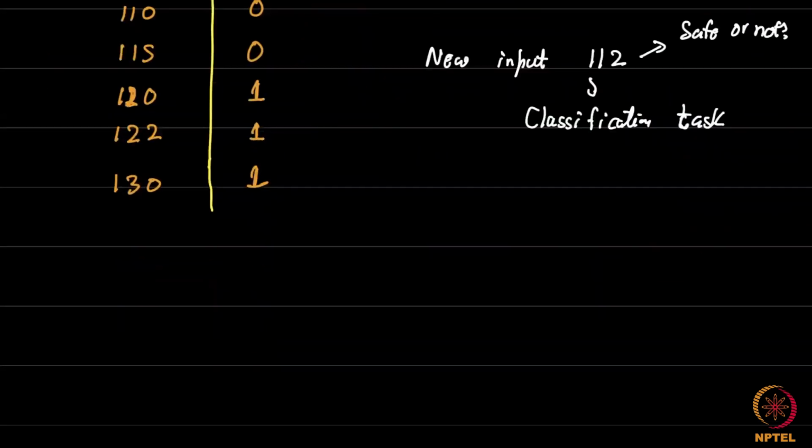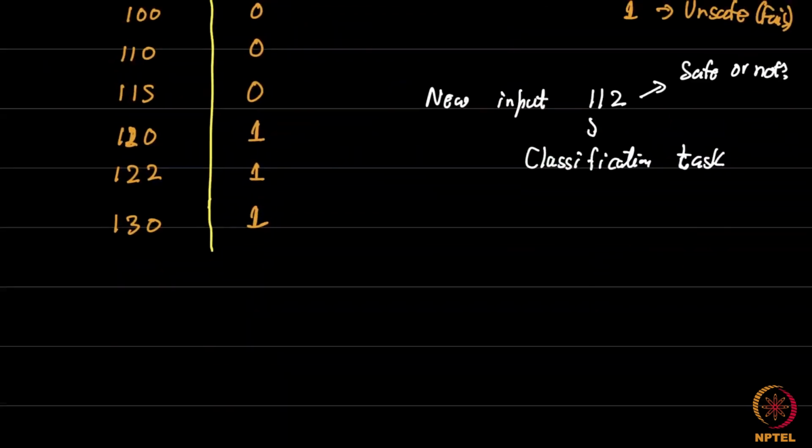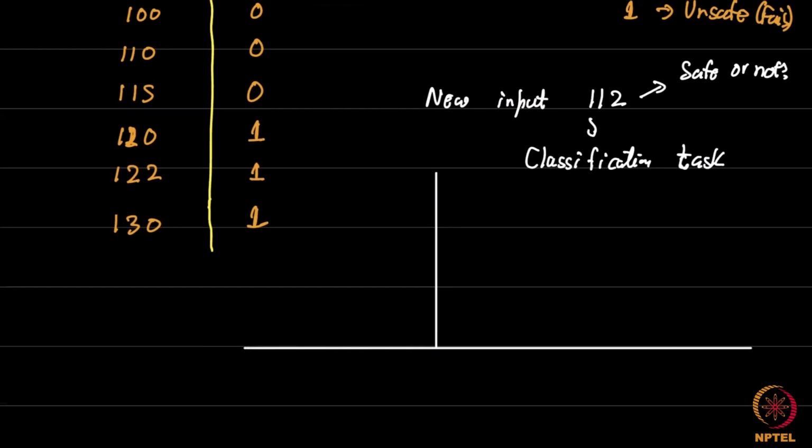So if we draw this in a graph, just like we were doing the linear regression cases, let's say I plot these points and I have 100, 110, 115, 120. These are not really evenly spaced, 122 and 130, something of that sort.